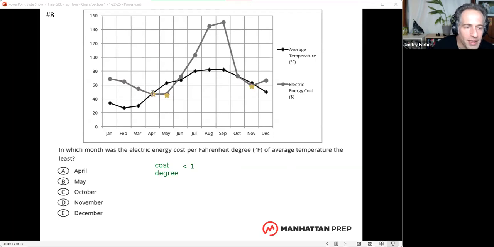If you look at April, they're basically the same. If you look at November, they're very close to the same. But if you look at May, the cost is much less than the degree, right? So if I have lower over higher, then that's less than one. And that gets me May. So again, I don't have to calculate. I don't want to calculate.